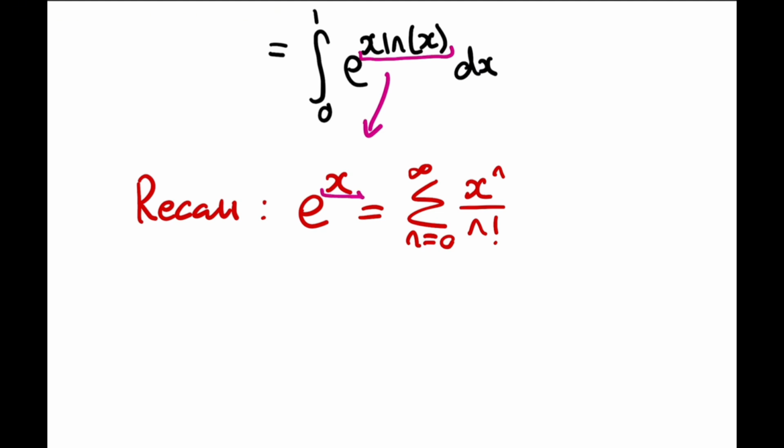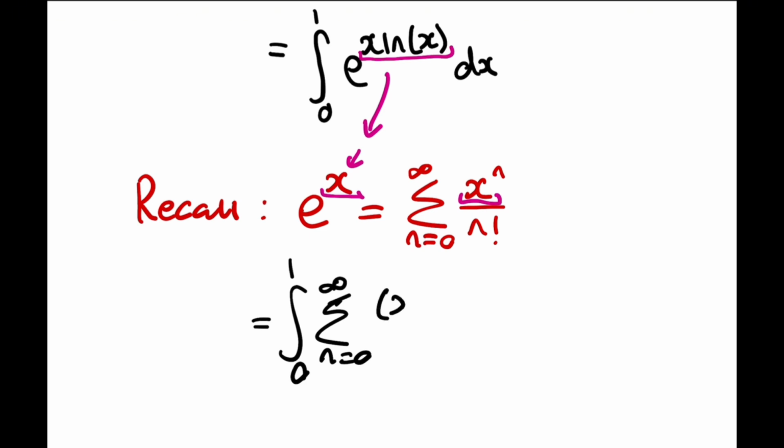And so e to the power of x ln x can be written as the sum from n is 0 up to infinity of, replacing this x here, x ln x all to the power of n over n factorial dx.